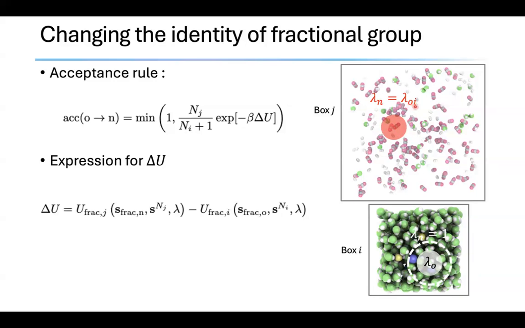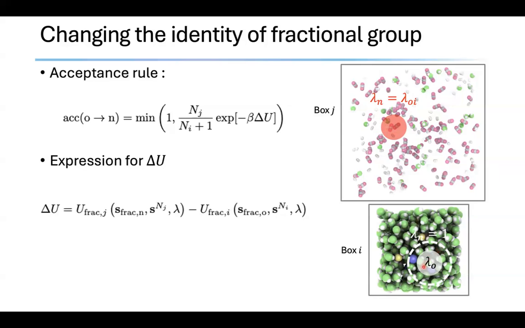Here I have put in the value lambda O I to just stress the fact that the value of lambda equals the value of lambda for the fractional molecule in box I. To summarize, you have two effects here.